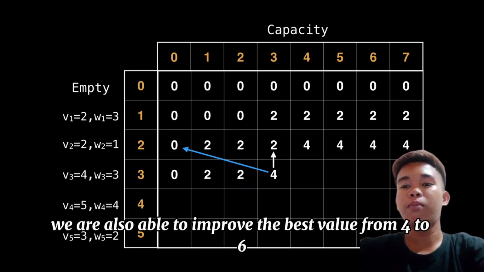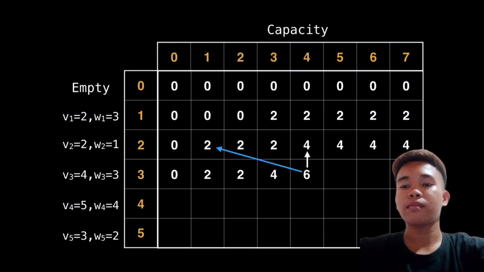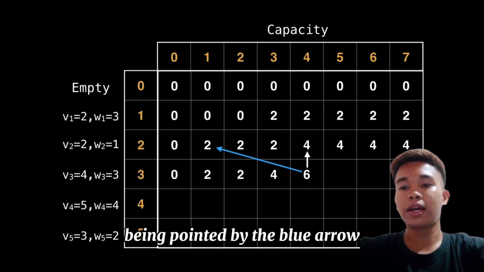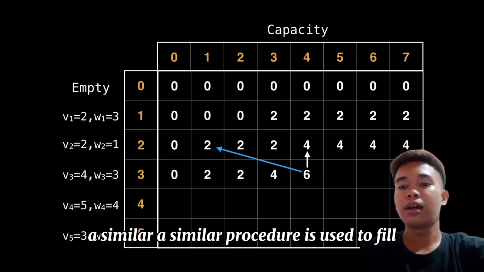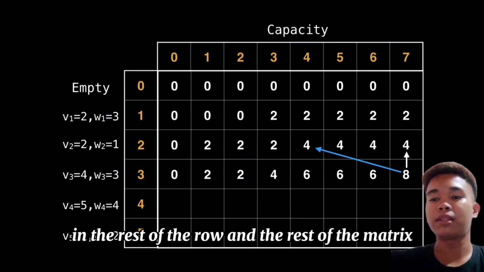We are also able to improve the best value from 4 to 6 by adding on the value of item 3 to the cell pointed to by the blue arrow. A similar procedure is used to fill in the rest of the row and the rest of the matrix.